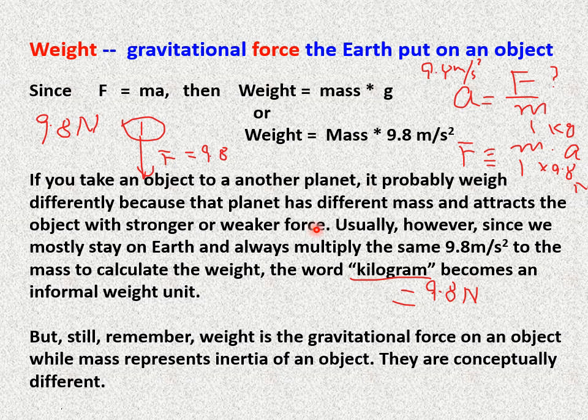Then it will have a different attractive force. Therefore, the gravitational force, the weight, is different. Usually, however, since we mostly stay on Earth, we always multiply the same number, g equals 9.8, by the mass to calculate the weight. Therefore, the word kilogram is equal to 9.8 newtons in informal weight units.